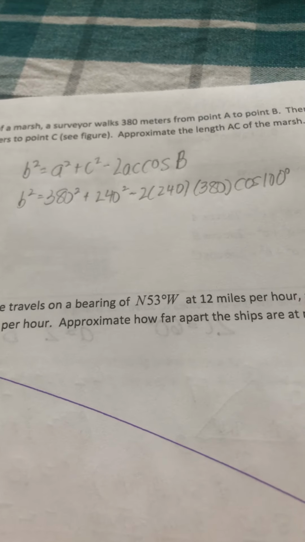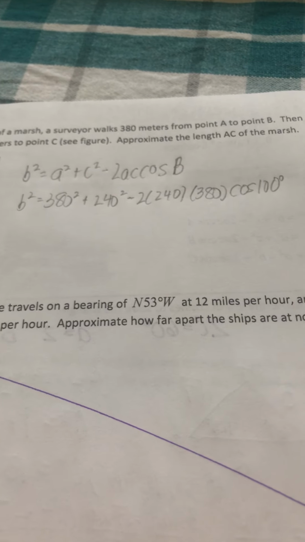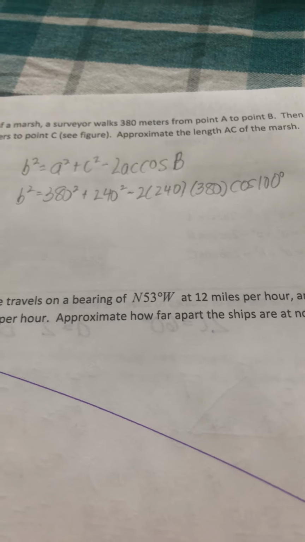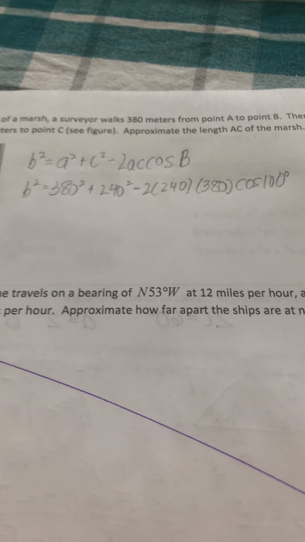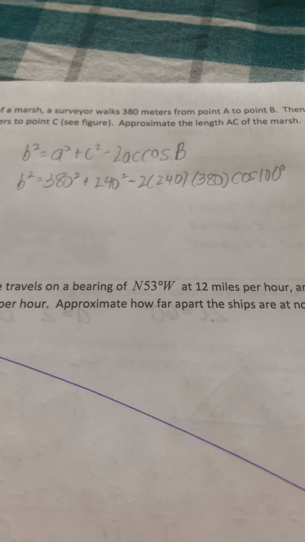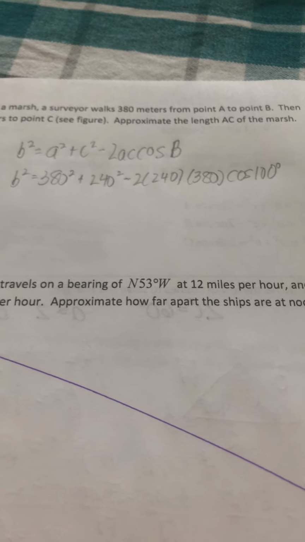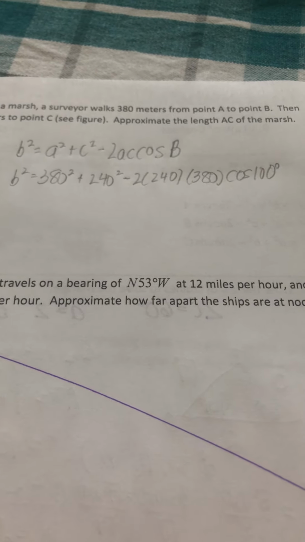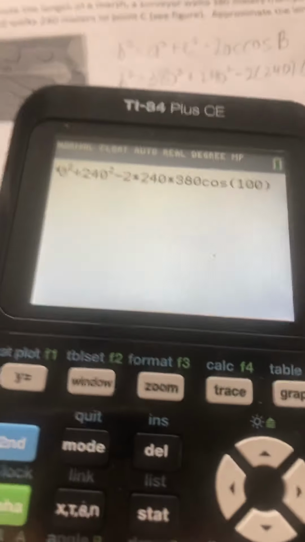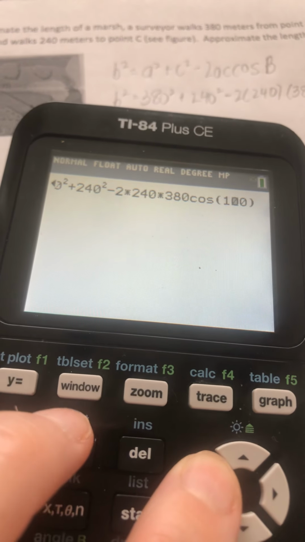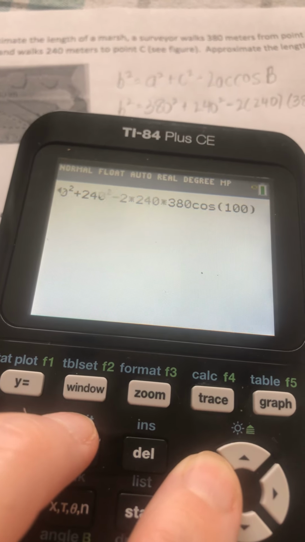So again, like I said on the first page, you could type that all in one line in your calculator. So here we go. So here it is all in one line, and it doesn't even fit on the line, but there it is.